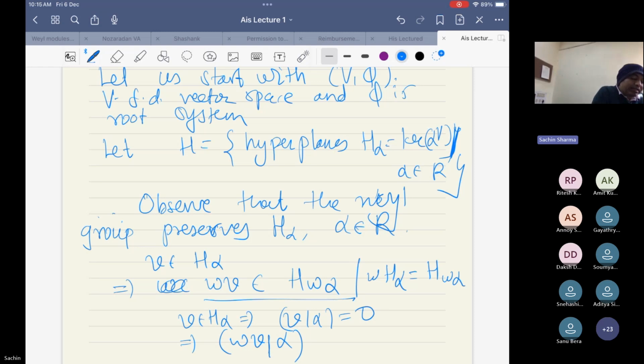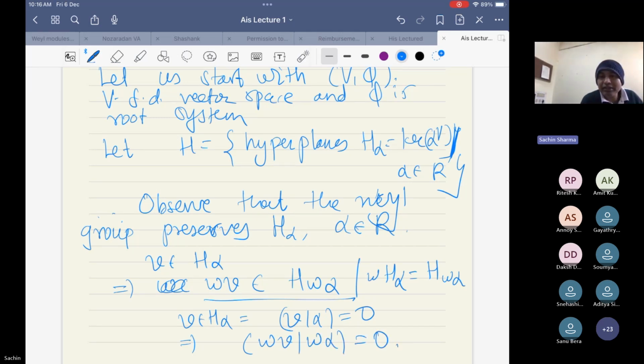But as this form is W invariant, this is nothing but V of W inverse alpha. So V alpha is 0, and that implies that W alpha is 0.